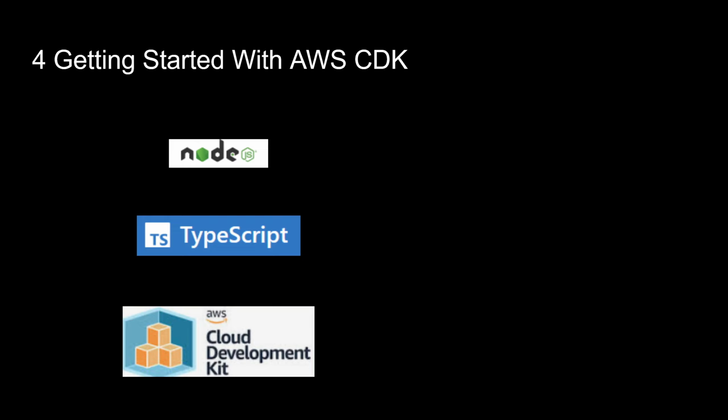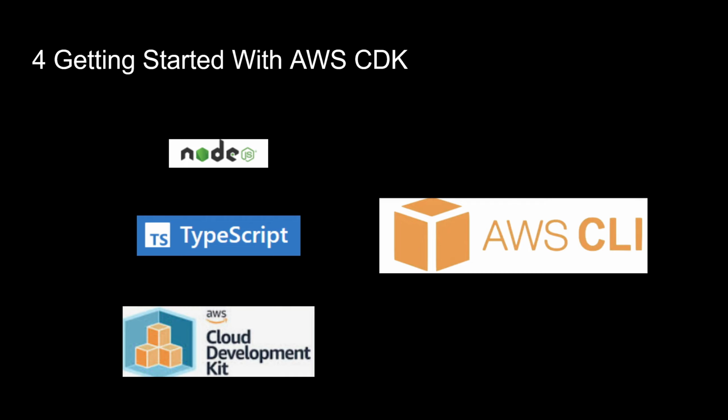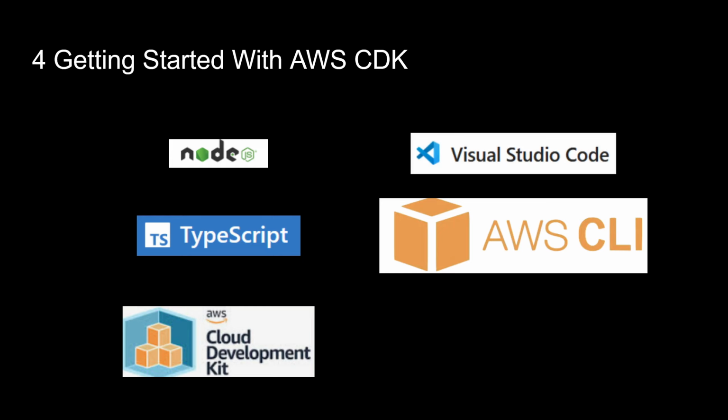The AWS CLI, which handles authentication and deployment, and a code editor. I recommend Visual Studio Code. It has great support for TypeScript and is lightweight but powerful. One extra tip would be to install the Prettier extension in VS Code. It'll format your code automatically and help keep things clean.